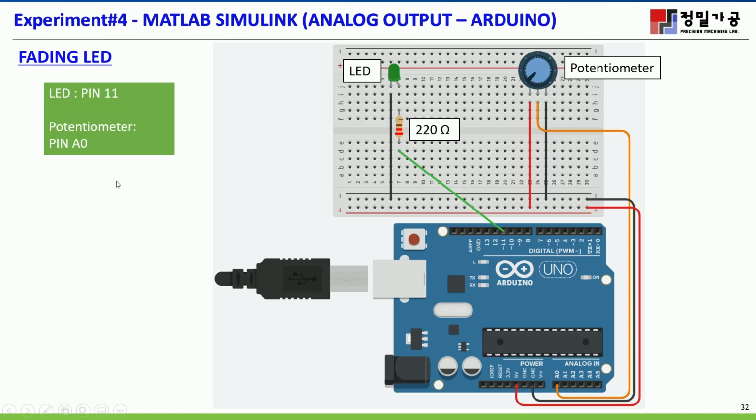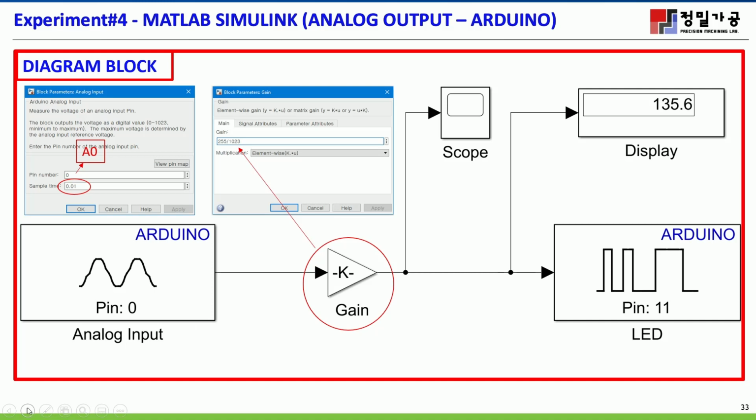This kind of fading LED example, I think is very easy for you. I repeat the block diagram here. Okay, we use the analog input and set the pin A0 and also set the sample time to about 10 milliseconds.